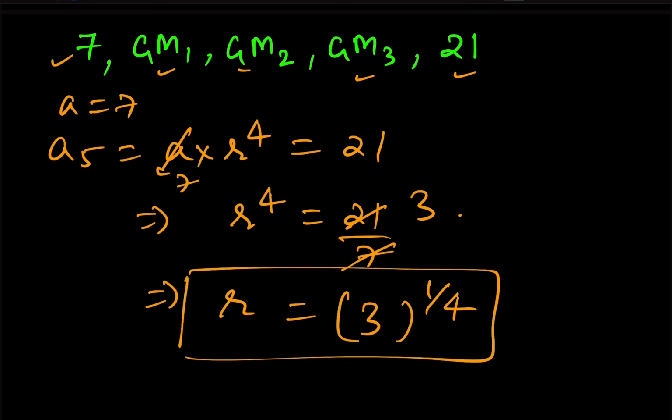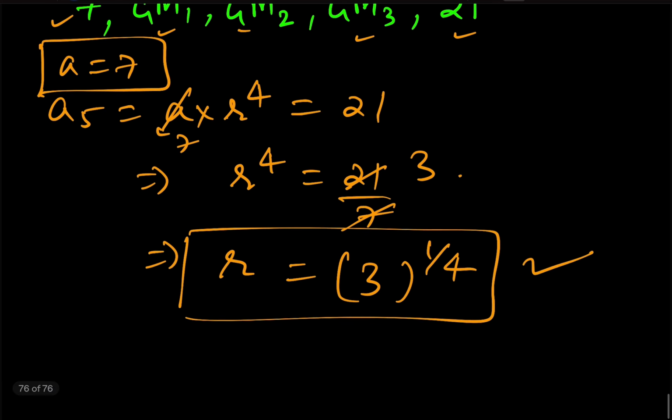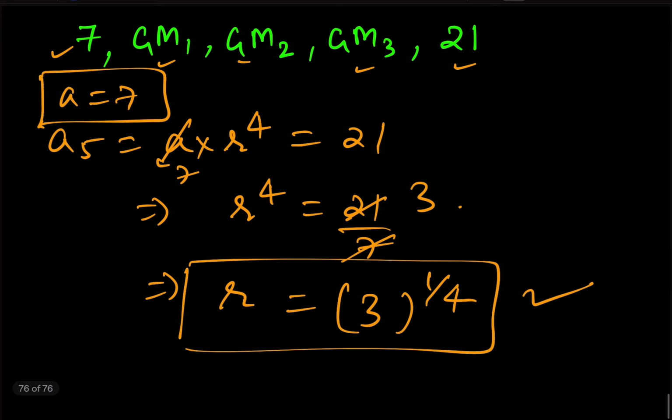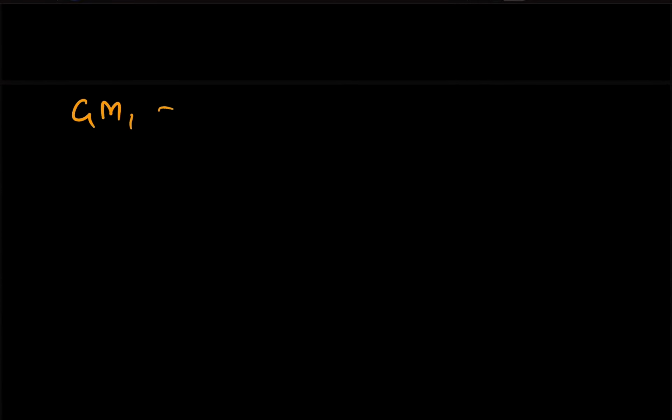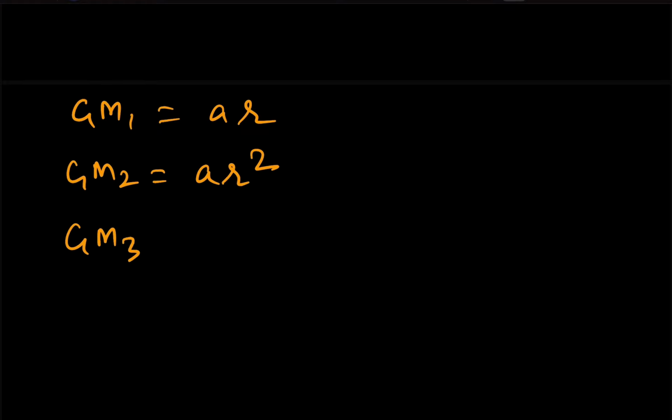So now we get our first term and the common ratio. So we can find GM1, GM2 and GM3, which are the three geometric means. GM1 is a into r, GM2, the second geometric mean, is ar squared, and GM3, the third geometric mean, is ar cubed.